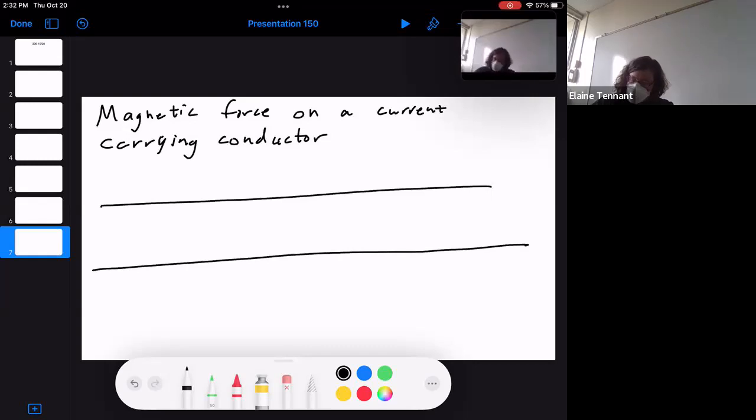We have this idea that if I have a single charge moving in a magnetic field, B, we could say what magnetic force it has. Here, I'm hoping you'd see it has a magnetic force in that direction.